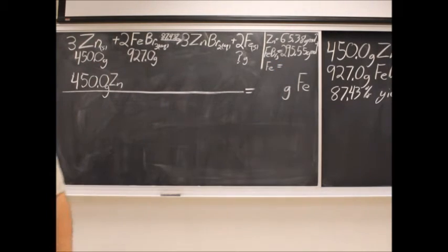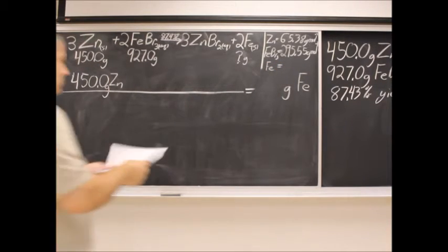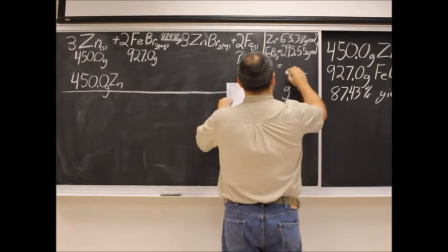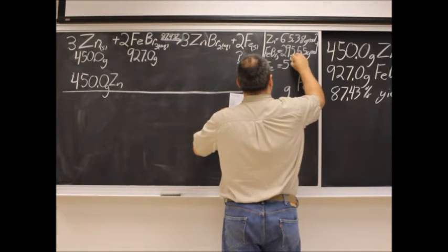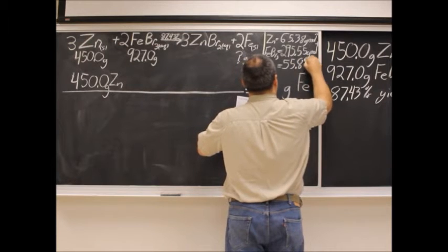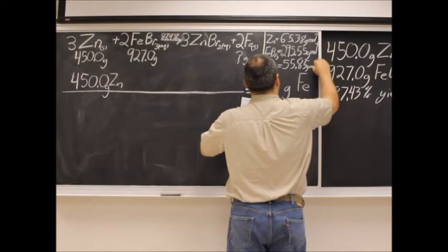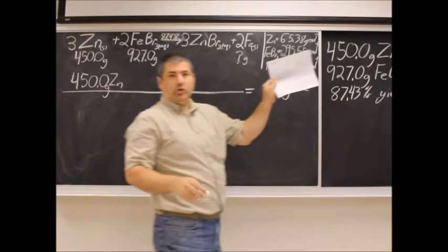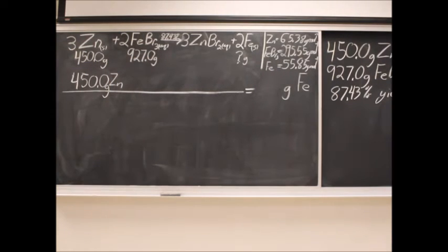I did not give you the molar mass of iron, which I'm going to do right now. That's 55.85 grams per mole. Again, you'll always have a periodic table, but I'm just trying to help this along.